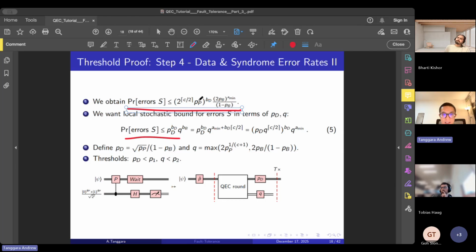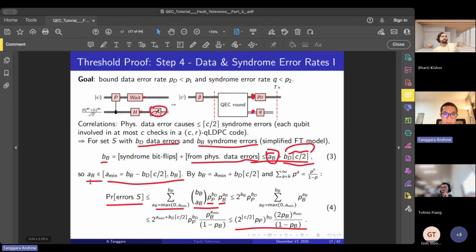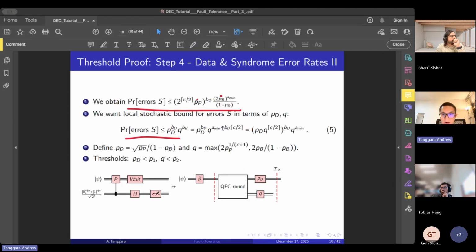We want values of PD and PB such that this works. So we can use all possible values of AB and plug that in here. Now this is the bound that we need to satisfy.